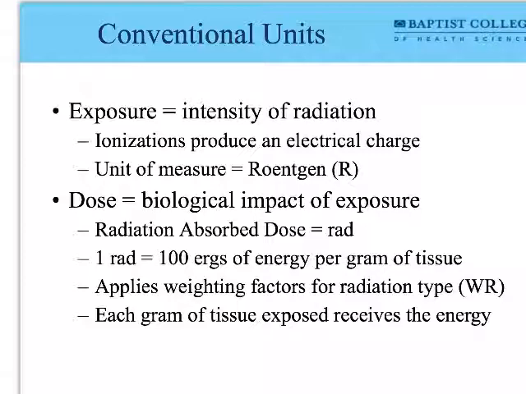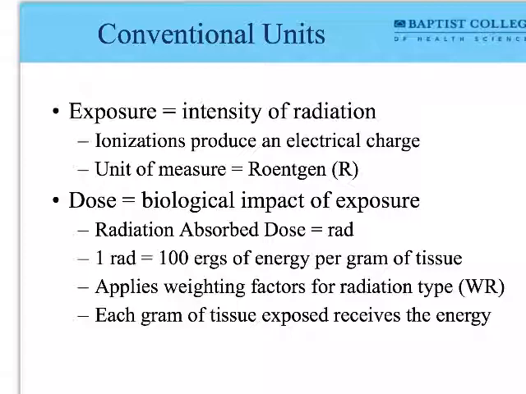So this applies directly to radiation weighting factors, because different types of radiation have different amounts of energy that they deposit. So for example, photons, and that could be either X-rays or gamma rays. When I say photons, I could be talking about X-rays or gamma rays. They have a weighting factor of 1.